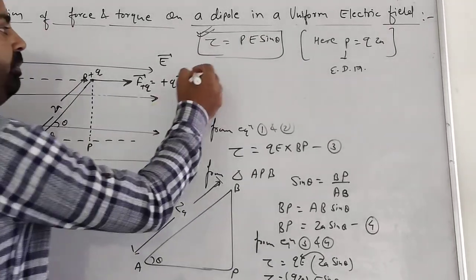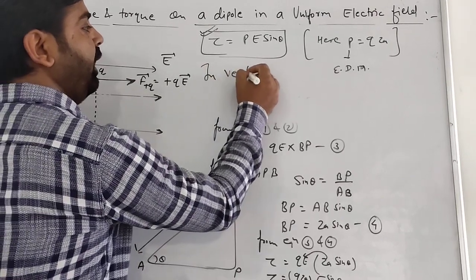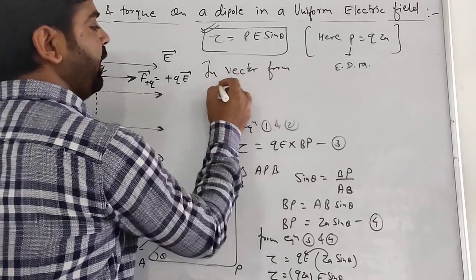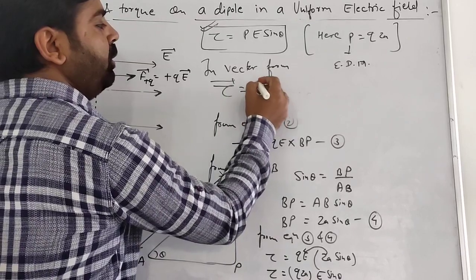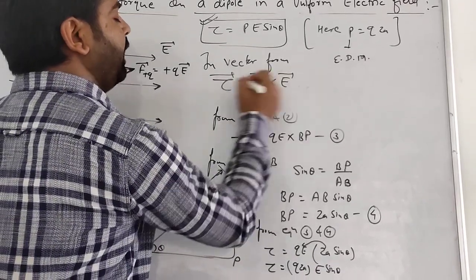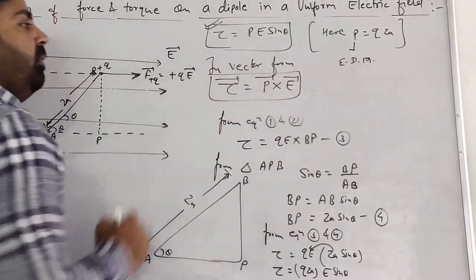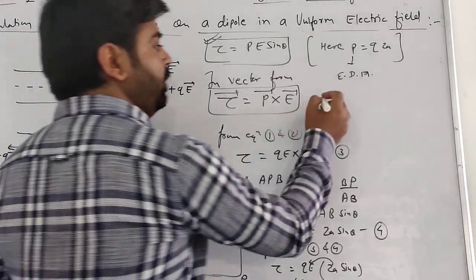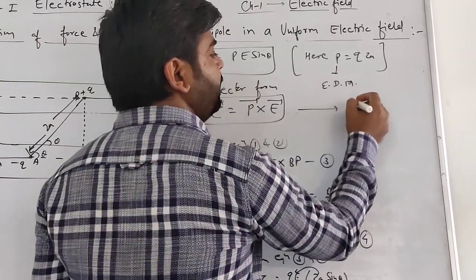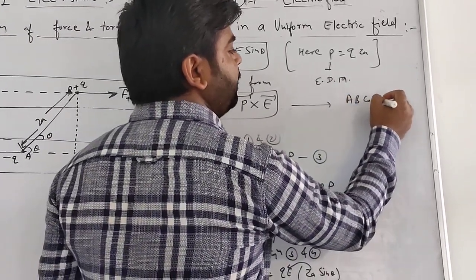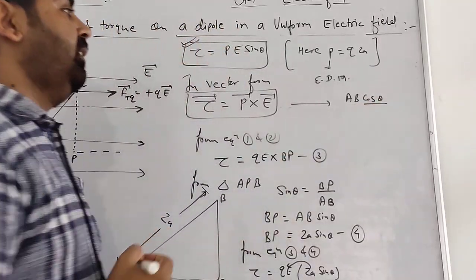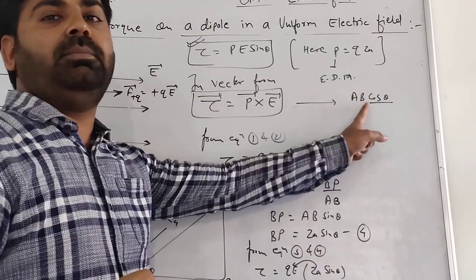In vector form, tau vector is equal to P vector cross E vector. Because we know as AB cos theta, there are two vectors, A vector and B vector.